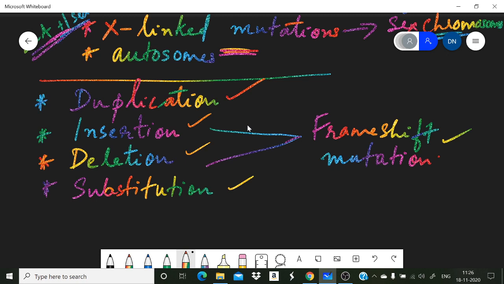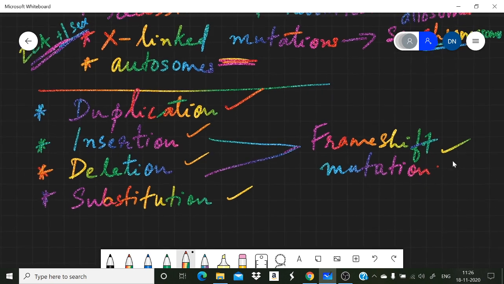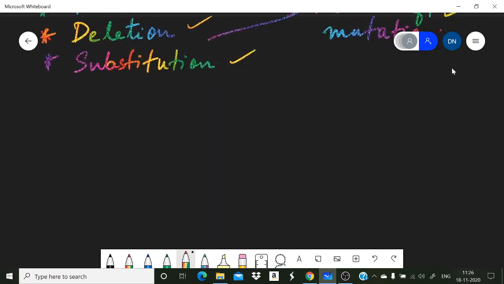Okay, so the mutagens: what are causing all these types of mutations? Mutagens are the agents that cause the mutation. There are different types of mutagens. Physical mutagens and chemical mutagens are there, we will study that.